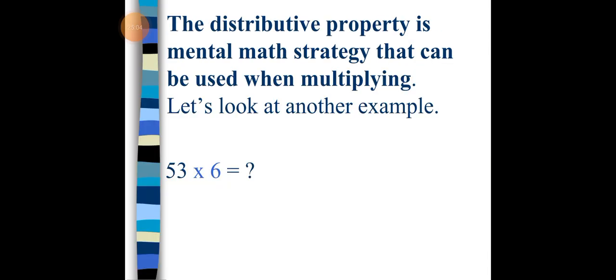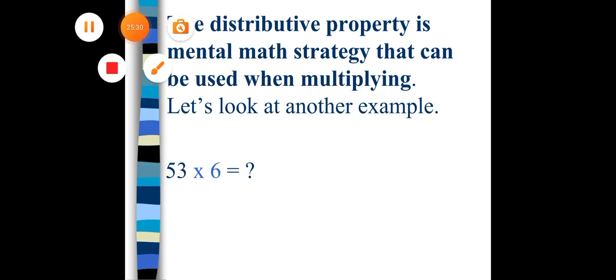Now, the distributive property is a mental math strategy that can be used when multiplying. It helps you while you are multiplying, and whenever you're facing confusion while multiplying something. Now let's do another example: 53 multiplied by 6.